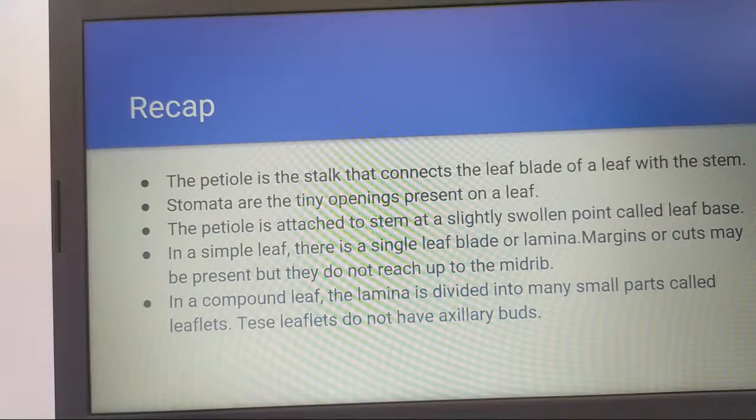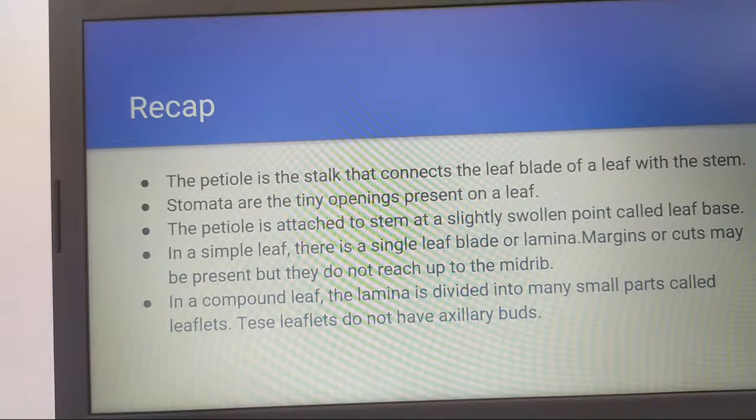I know you don't have books and copies right now, but watching this video, you can pause it and you can draw the structure, because in the module I have shown both of them, the structure of the leaf and the parts of a plant, because this is going to help you later when we will have the interactive classes in the school.